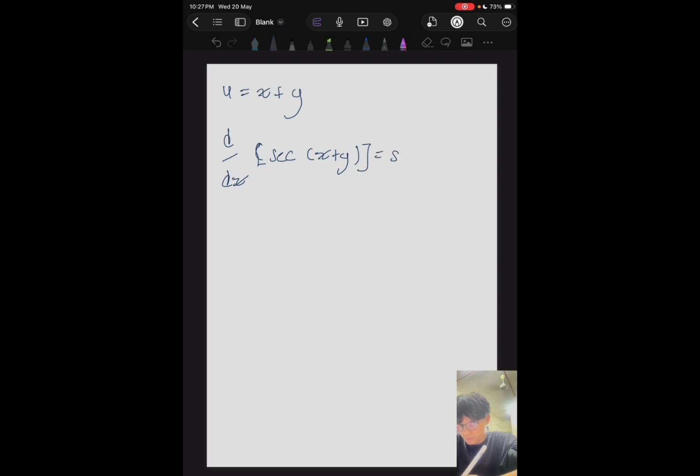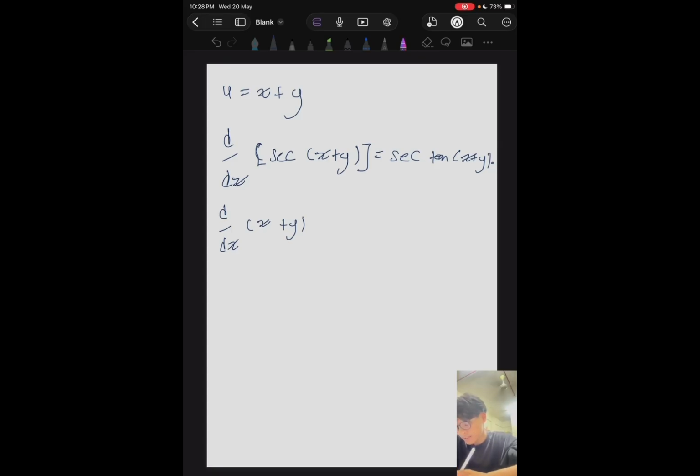Equal to sec squared (x plus y). This is the first step after we use the chain rule.